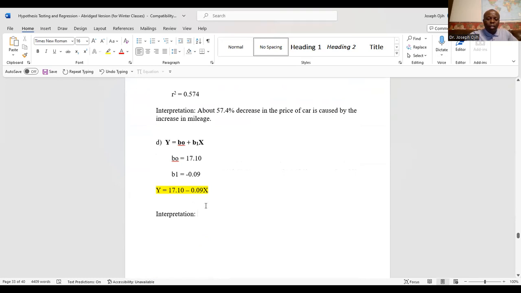So we can say that the price of a car, if I want to use the 1,000, so this 0.09 times 1,000. Usually we check mileage per thousands. For cars, you know, how many thousand it is.